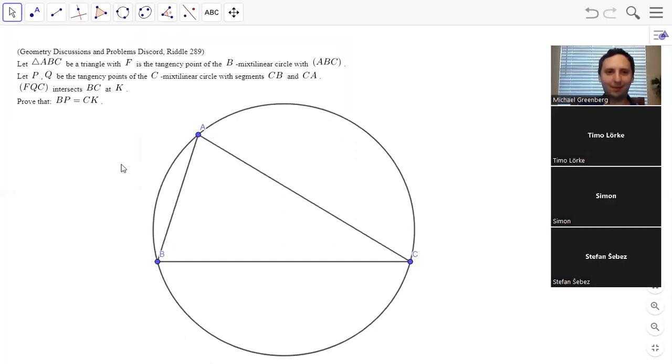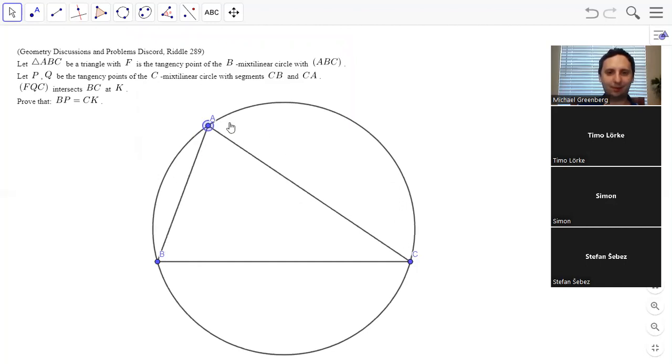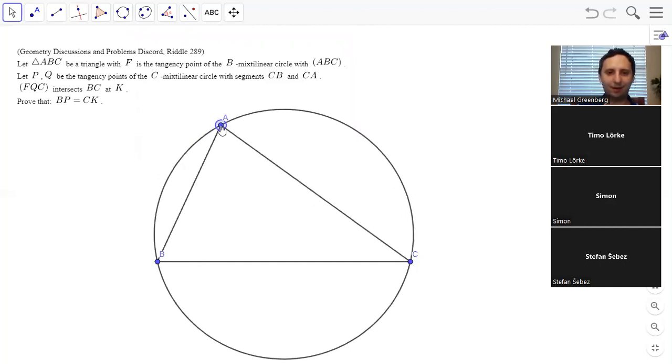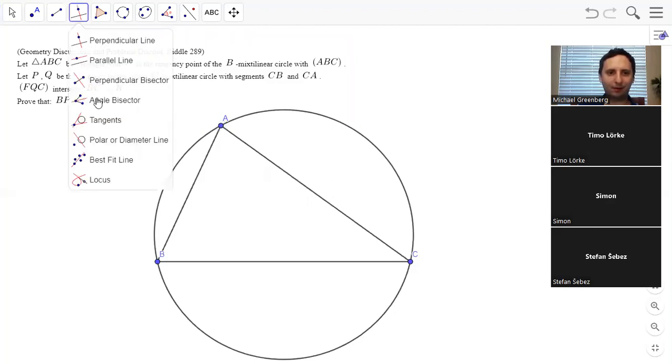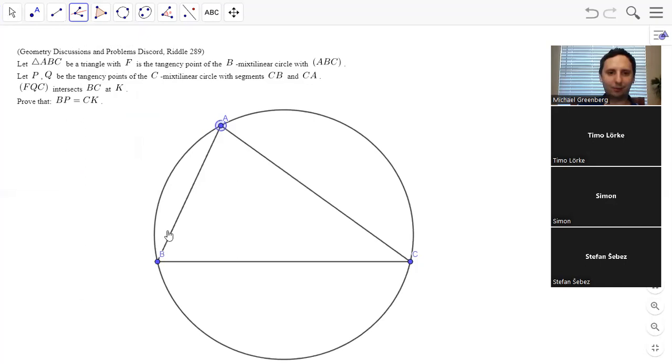So let's see. We want to draw the B and C mixed linear incircles. What's the best way to do this? I'll just draw the angle bisectors and then draw the incircle.